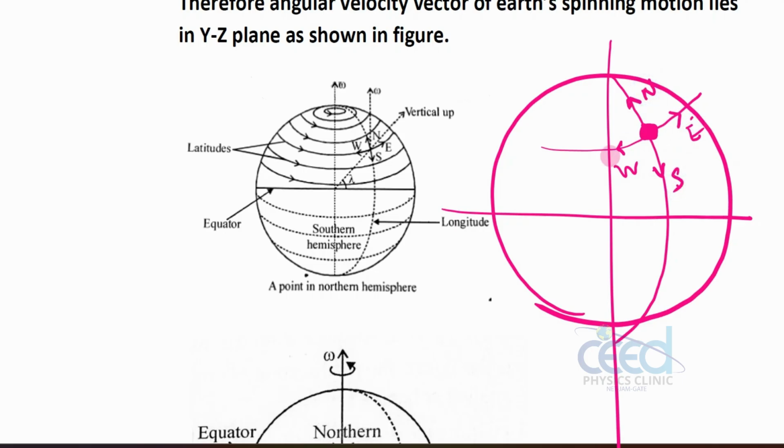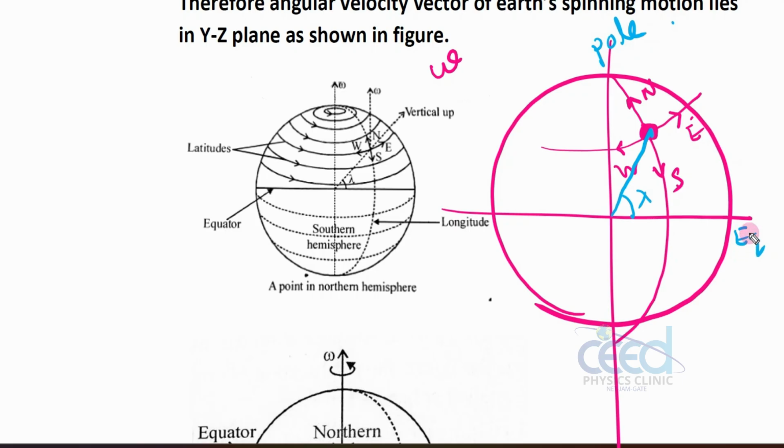That is the first important point. Now, how we represent omega in vector form is also very important. So now you understood this is north. I am using the same figure with a different color. See here, this body is at a latitude. Latitude means: here is the equator, here is the pole.